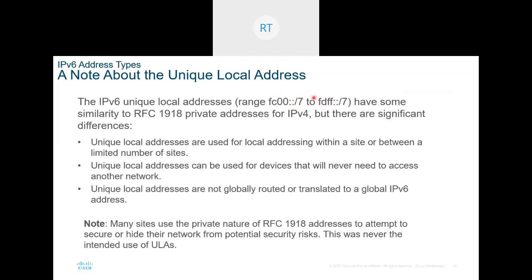You can only use this address in case maybe you have several sites and you want to hide some of your sites so that they are not visible on the internet. That's when you can use this unique local address. IP version 6 removes that functionality of translating private to public addresses.